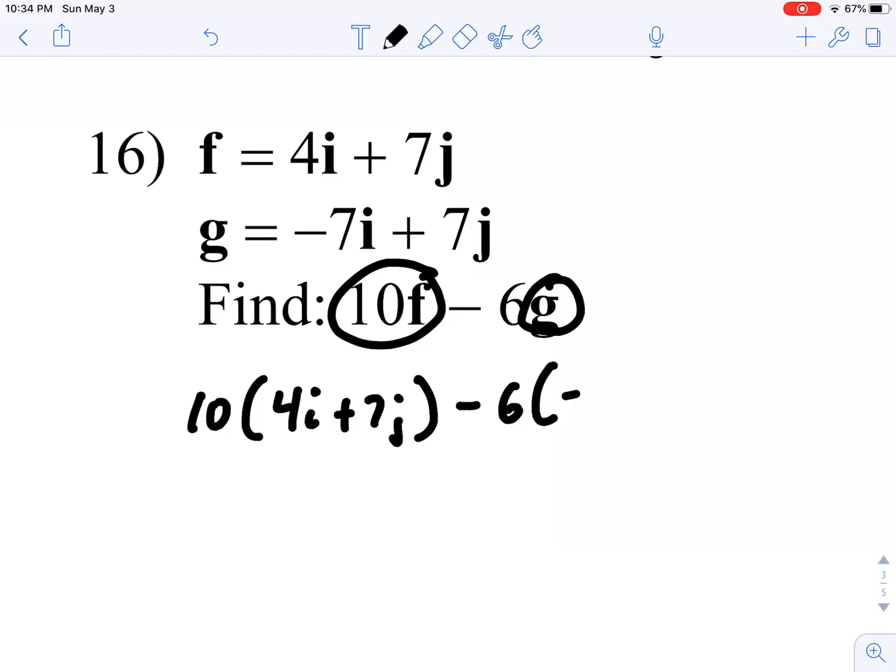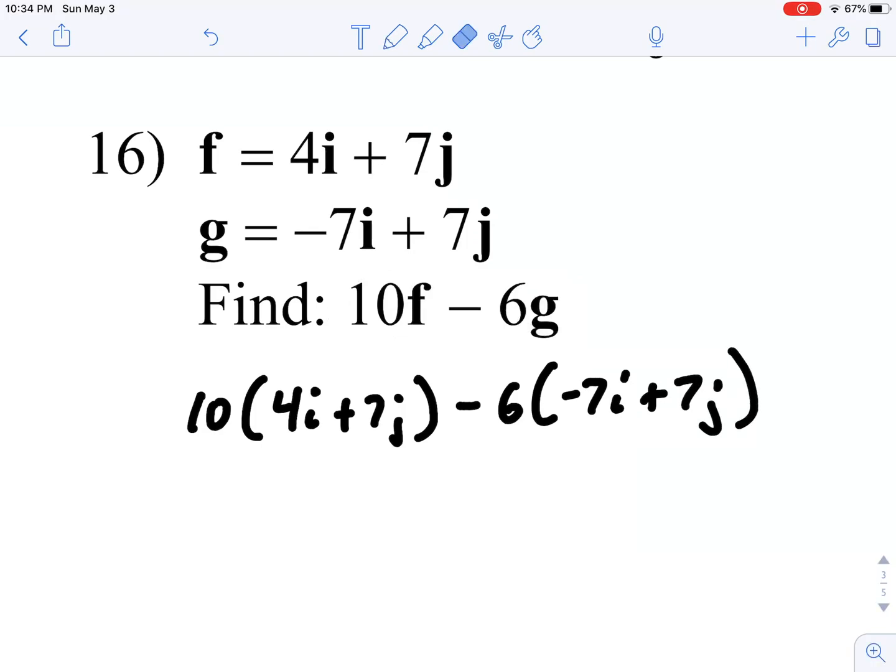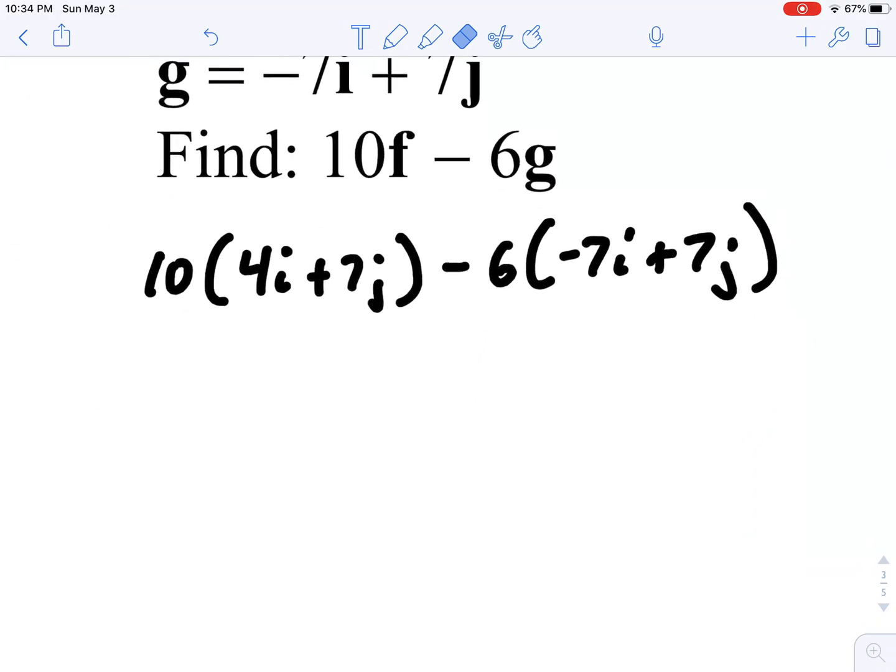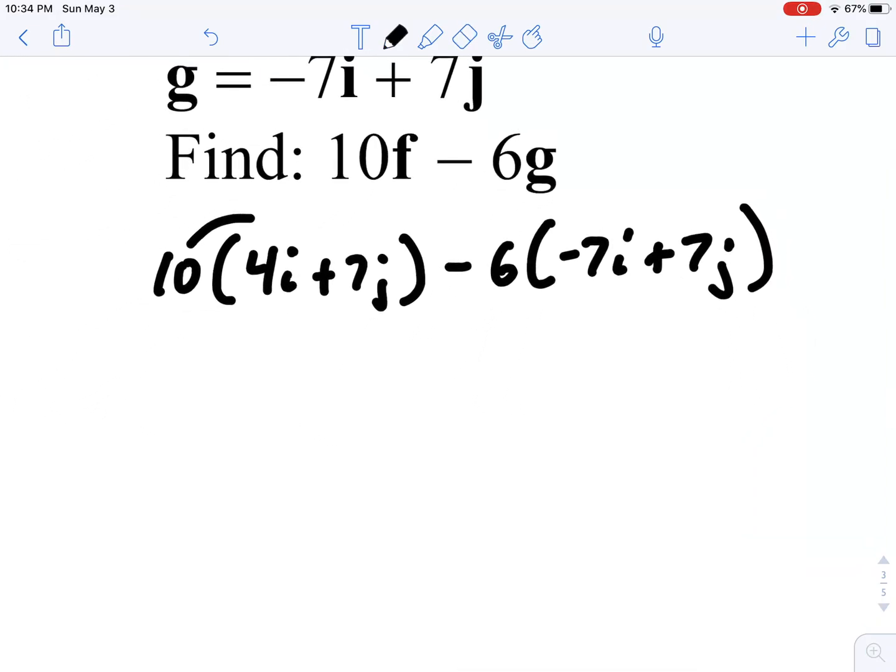G is negative 7i plus 7j. So I'm just rewriting this like an algebra problem where i and j are variables. Distribute the 10 here and here. That would be 40i plus 70j.